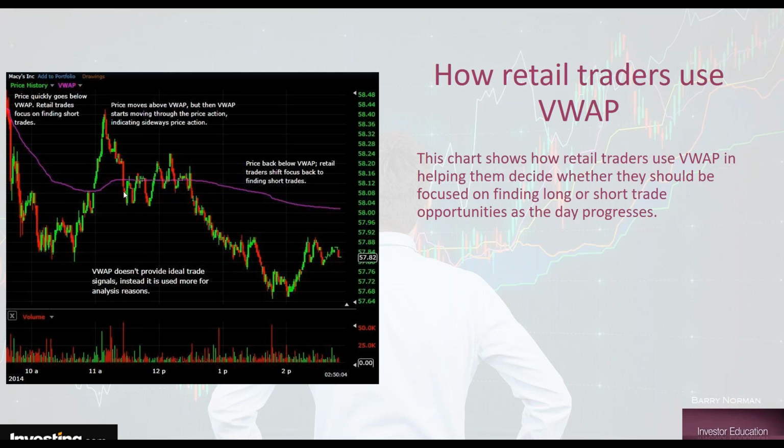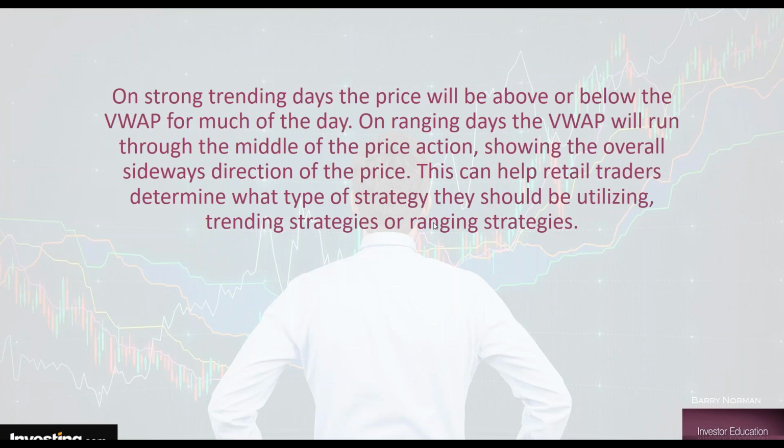So a retail trader would wait for the price to break above the VWAP, and he would be buying into that short-term move, because he knows that institutional is going to sell at that top. So you would be buying above the VWAP and getting ready for the institutional sell order, and get out at that point.